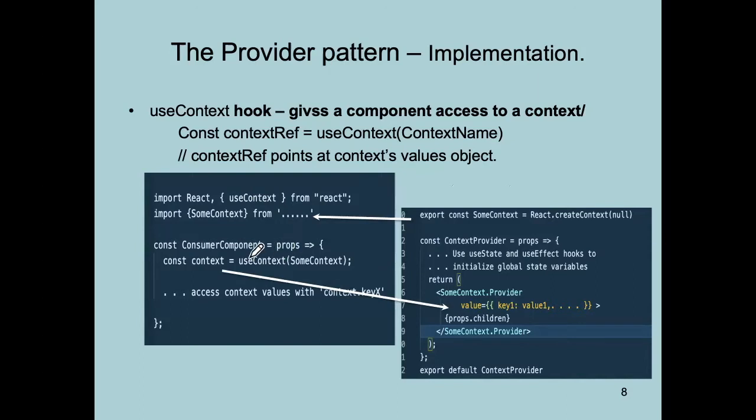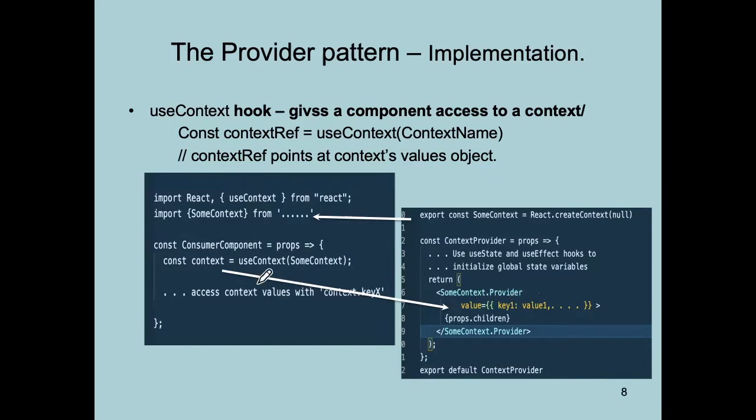And that completes the ability of the consumer to see the context, to see the orange box, if you like. To help you understand this variable here, think of it as essentially a pointer to the object that you assigned to the value prop over here.